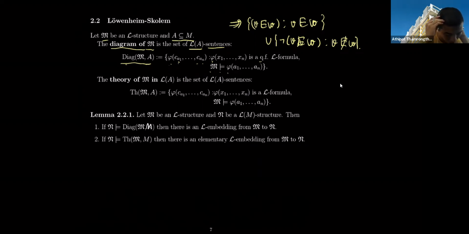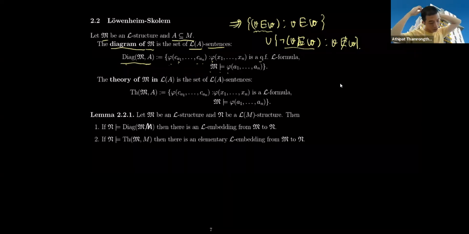So we add every object in your vertices as your name, and then consider it here. And here you can see that every statement that we add here is a quantifier-free L formula. Okay, so that's what we call the diagram of M.